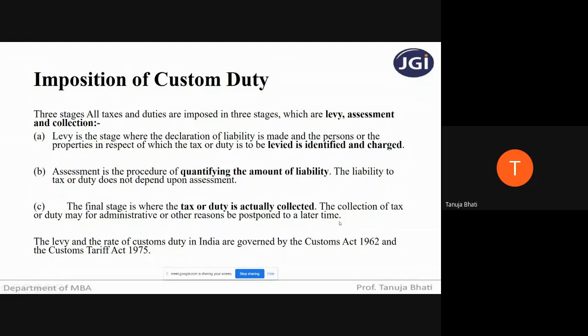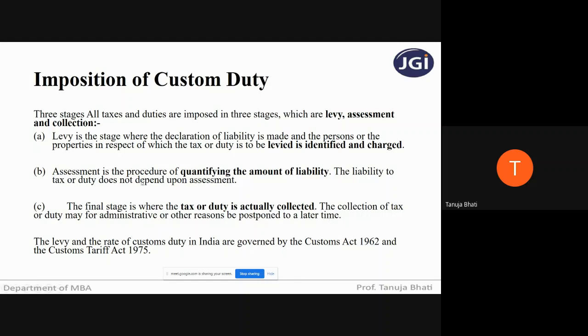Once the levy and assessment happen, the duty levied and assessed is collected by the customs authority, which is remitted to the central government. Either the duty can be collected upfront, or it can be delayed for certain reasons and postponed.